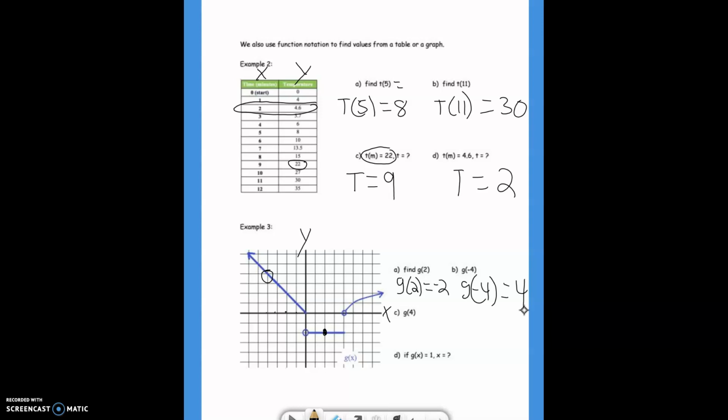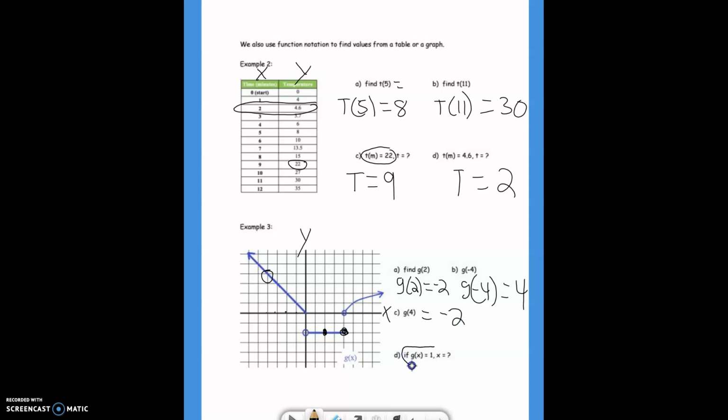So that means that when you look at g of 4, we notice there's an open circle, so that means that cannot be an answer. However, if you go down to here, that's a closed circle, right? So that's our output value. So that looks like that would be what? -2.